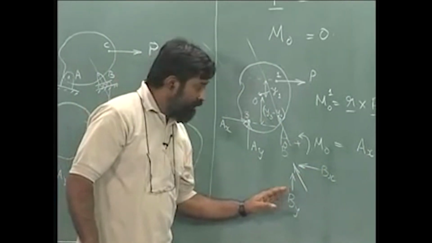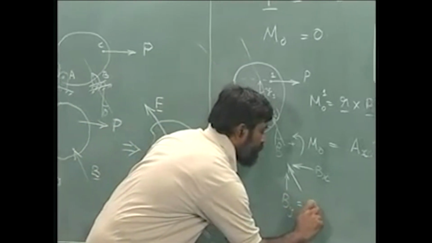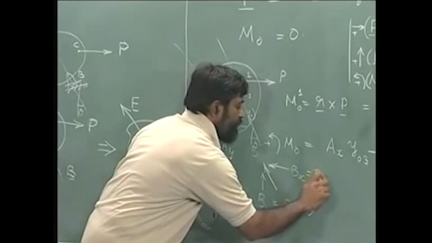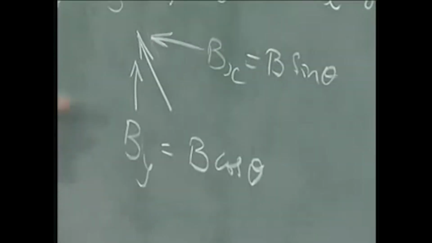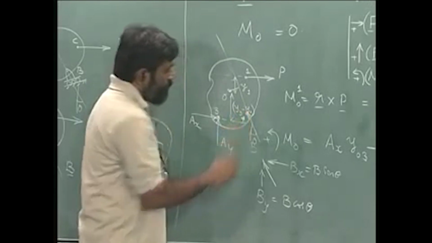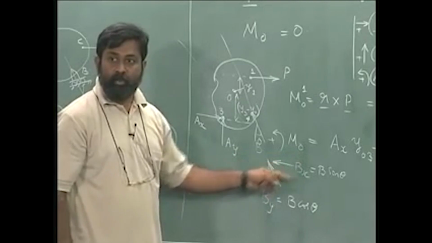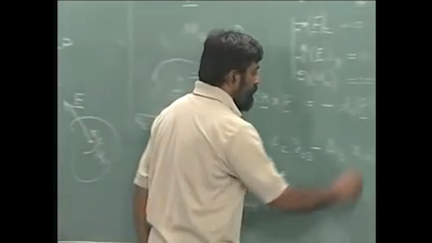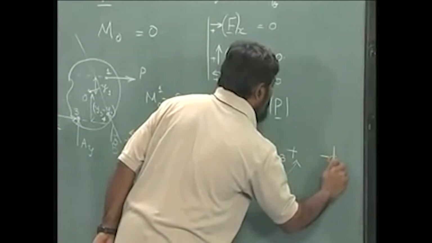In this particular case, given B, I can write By equal to B cos theta and Bx equal to B sin theta, where theta is already known. Okay. By writing this, if I take this coordinate, let us say this is 4, I can use the coordinate and write the moment with respect to By separately and Bx separately. Okay. So, I will add that particular part to it.